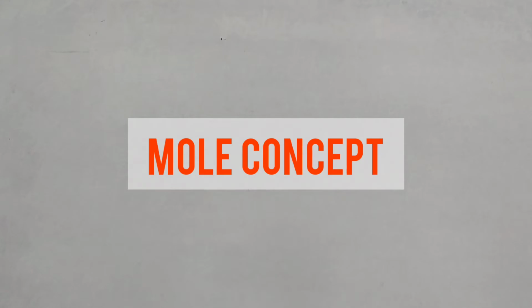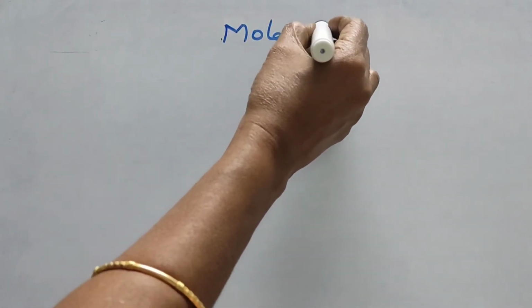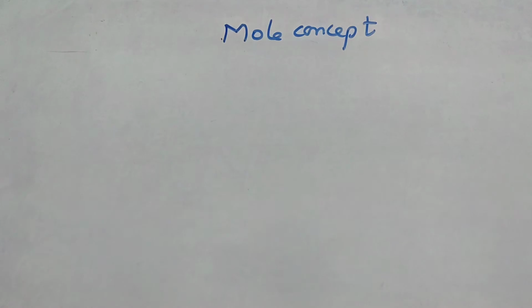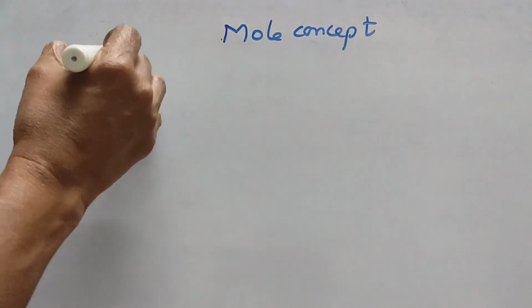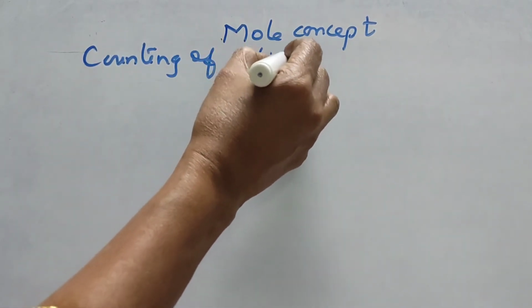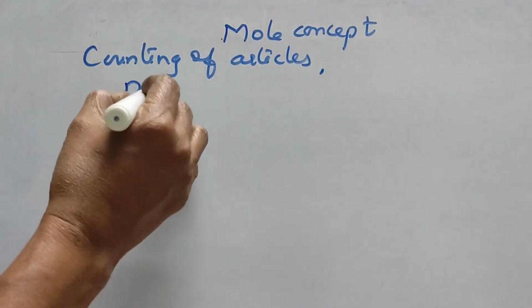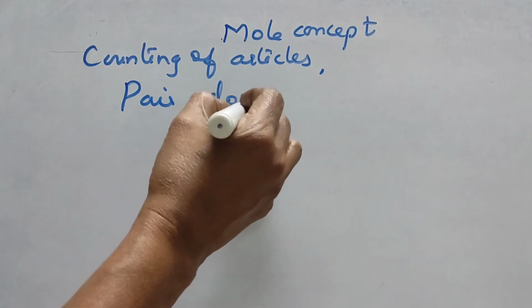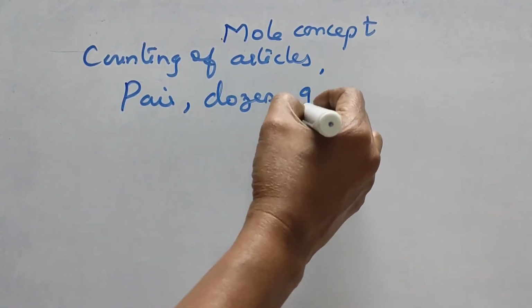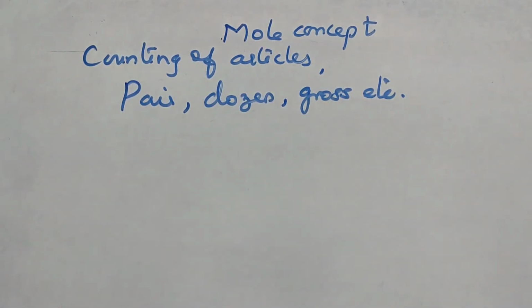In today's session, we are going to see an important and interesting concept of chemistry, that is the mole concept. For counting of articles, the commonly used units are pair, dozen, gross, etc. Pair we will use for two things, like shoes, scissors.